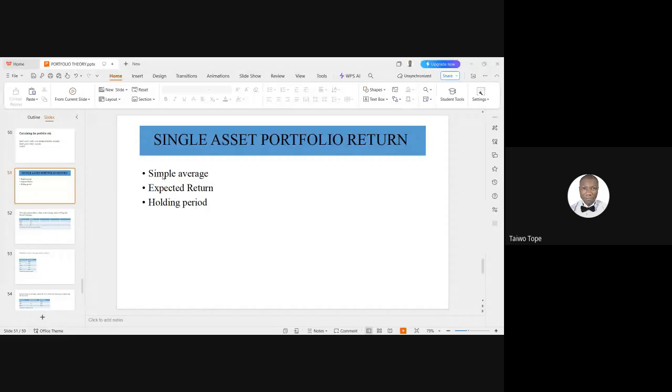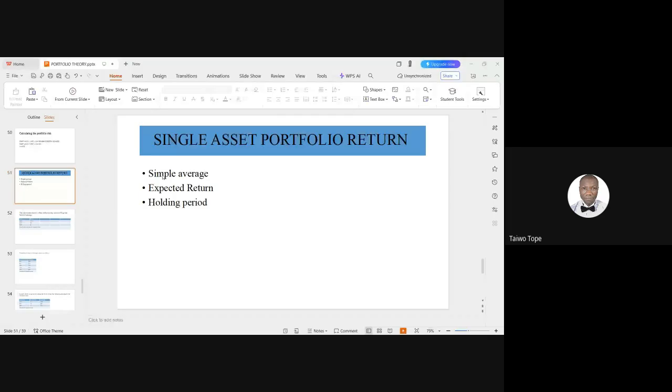The average return involves treating each period equally. You can have period 1, period 2, period 3. All these periods are past, but you want to know what is likely going to be the actual return as at today.